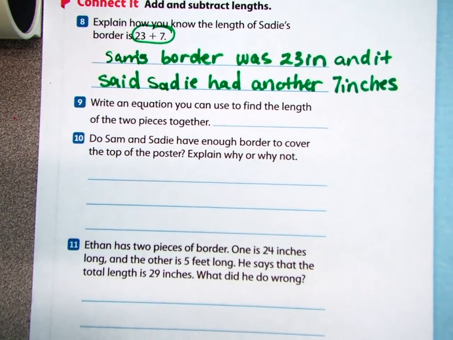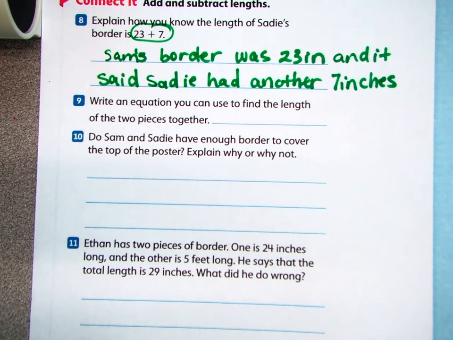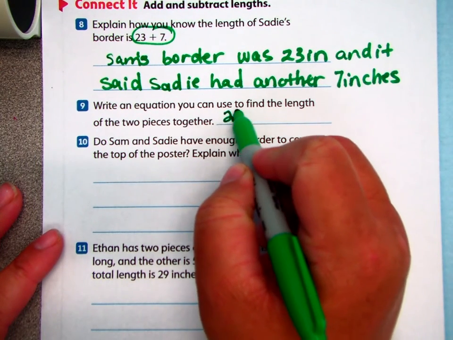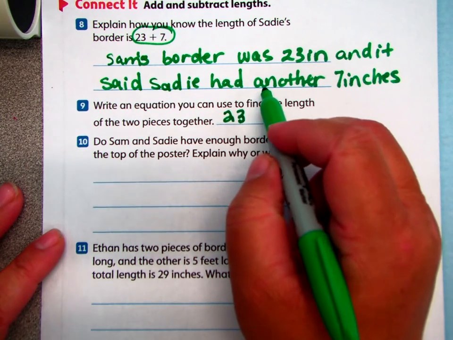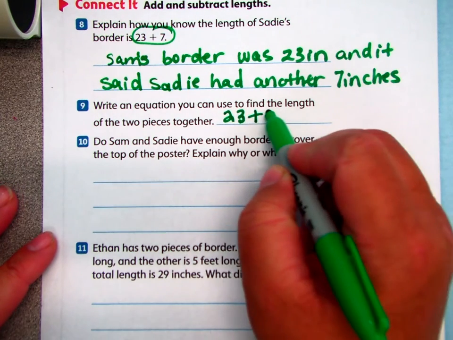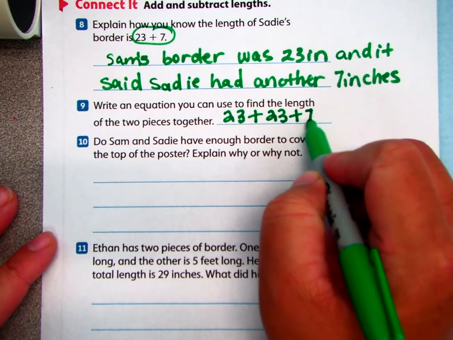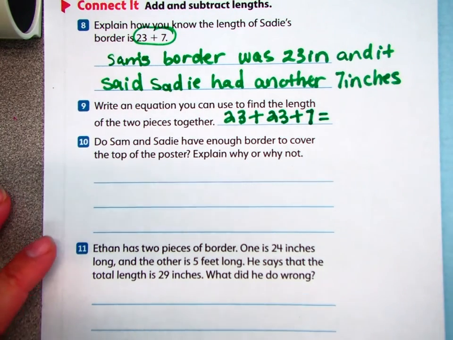Okay? It says write an equation you can use to find the length of the two pieces together. Well, it says Sam had 23. And then Sadie had 23 like Sam, but another 7 inches. Alright?